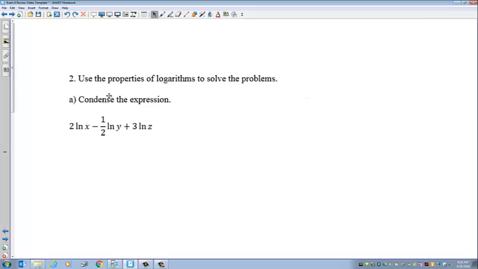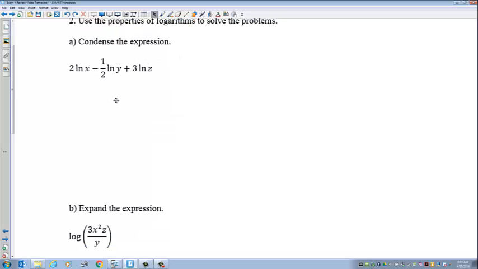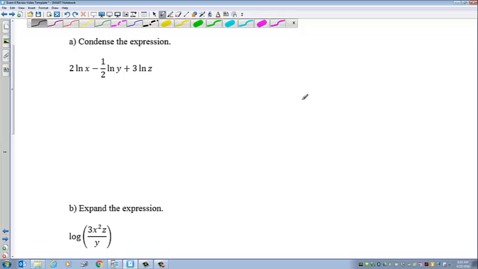On this problem, we want to use the properties of logarithms to solve the problem. So you have two problems, A and B. One, you're going to condense the expression. The other one, you're going to expand. And we're going to use these rules of logarithms. Let's write them down over here so we have them all written down.